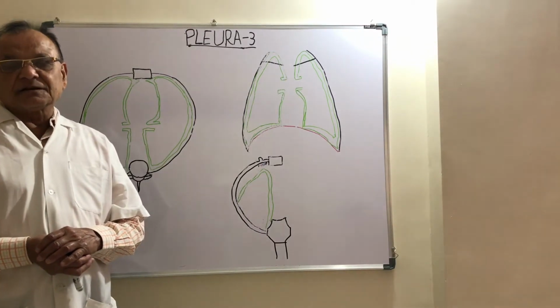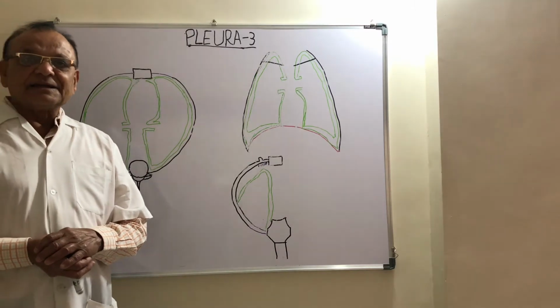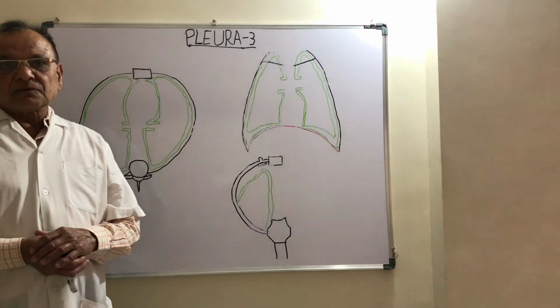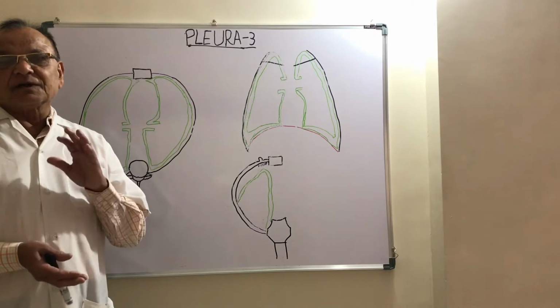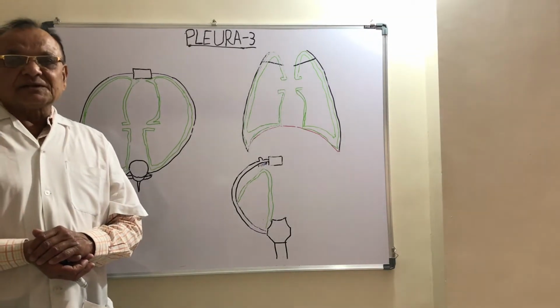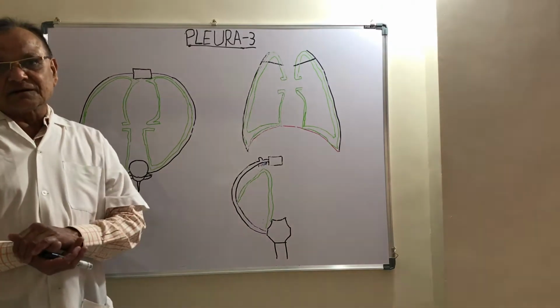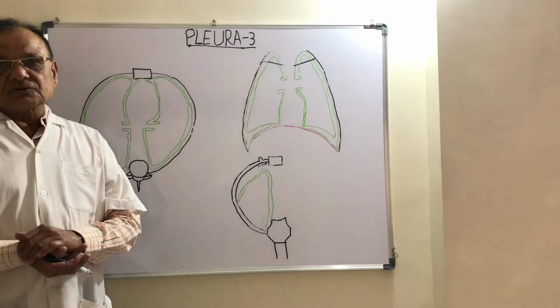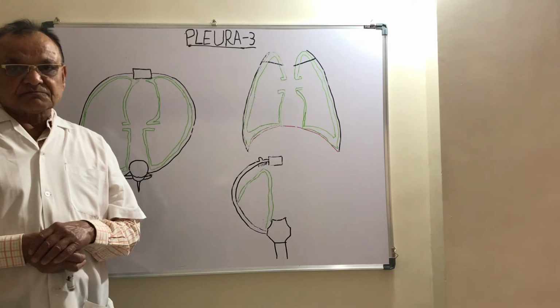During inspiration, air enters the lung, so naturally the size of the lung is increased. And during expiration, air goes outside the lung, so the size of the lung is reduced.